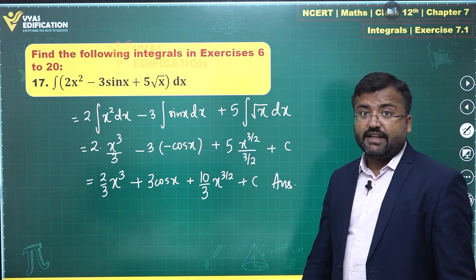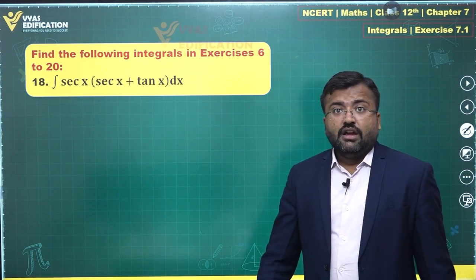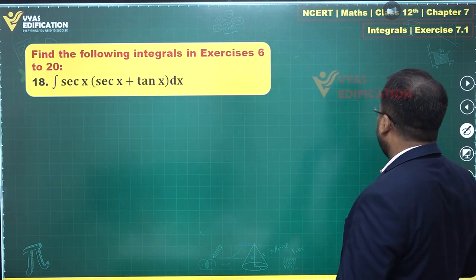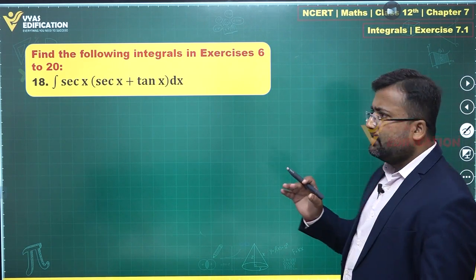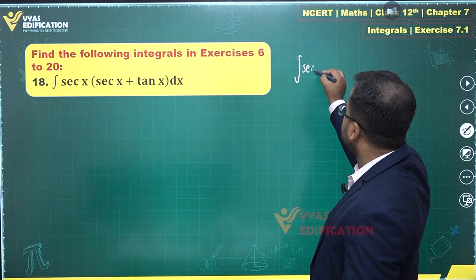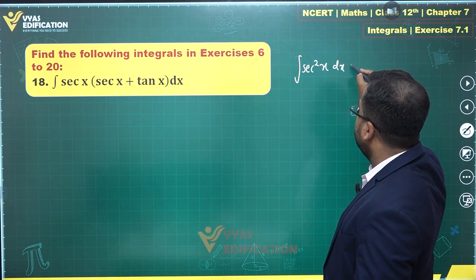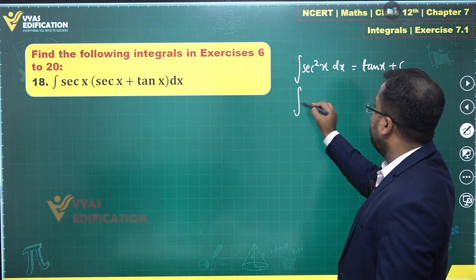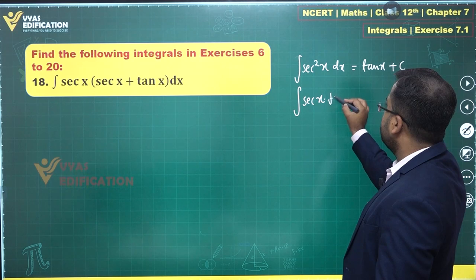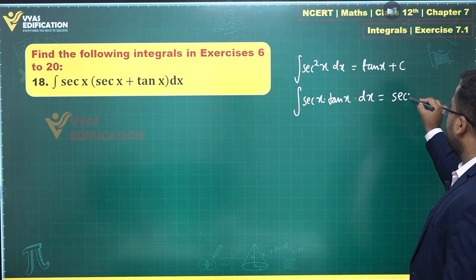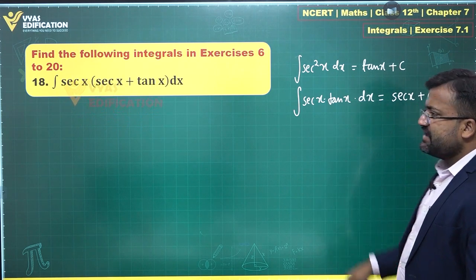Next, the 18th question says we have sec x times (sec x plus tan x), and how do we handle this one? Related to sec x and tan x, we have two results. The integral of sec^2 x dx is tan x plus c, and the integral of sec x times tan x dx is equal to sec x plus c, since the derivative of sec x is sec x tan x.